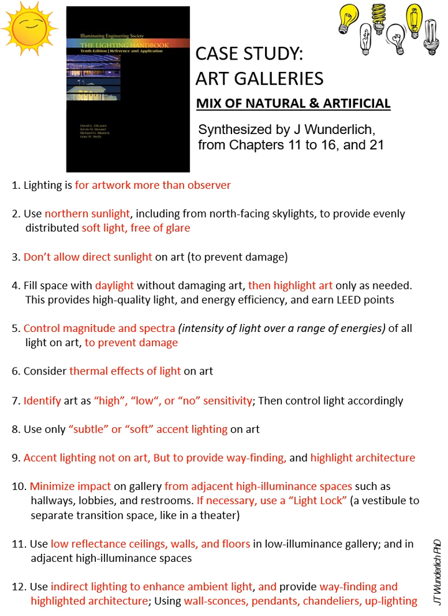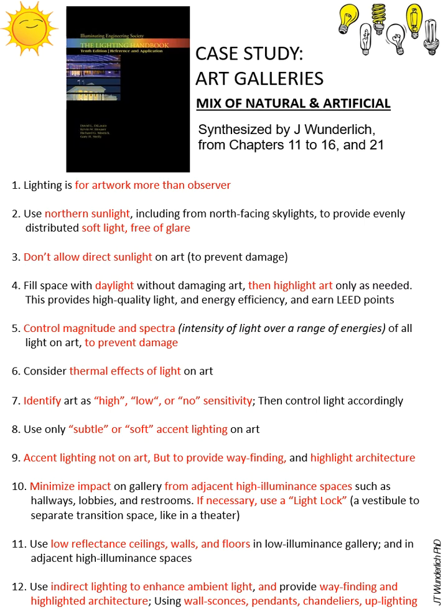Only use subtle or soft accent lighting. Accent lighting not on art, but for wayfinding and highlighting architecture. Minimize impact from adjacent high luminance spaces. So you've got hallways and bathrooms, sometimes food areas. So you might want a light lock, like you see in theaters, between the space and the art exhibit space, if it's a big museum or art gallery.